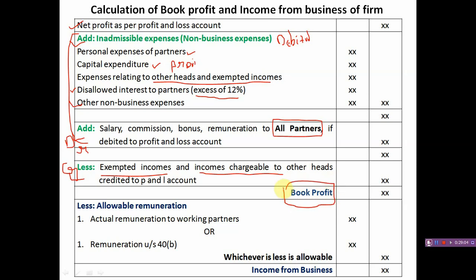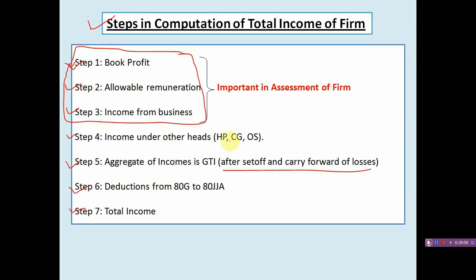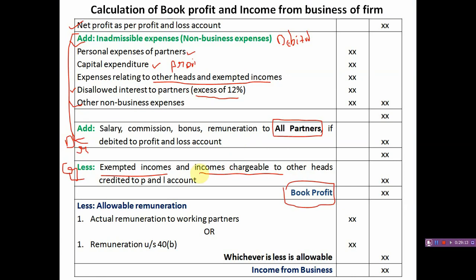It is the first step in the computation of total income, and the second step is calculation of allowable remuneration. For allowable remuneration, we have to compute two amounts. First, the actual remuneration to working partners. Keep in mind, only remuneration to working partners is allowed as a deduction.